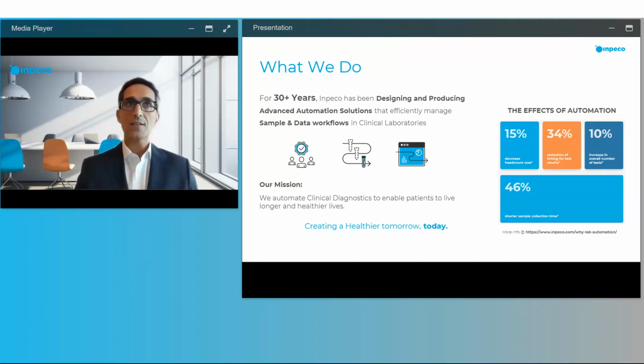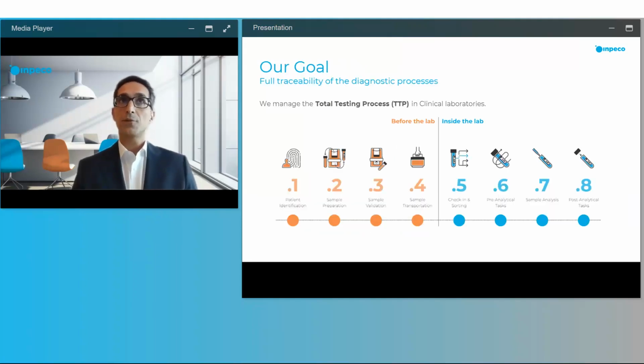Our goal is the full traceability of the diagnostic process, and this allows us to control what we call the total testing process from the very early stages, the sample identification, through the delivery of results.